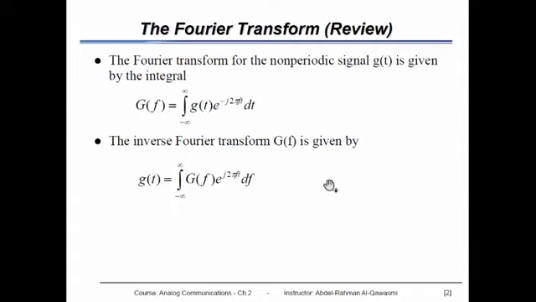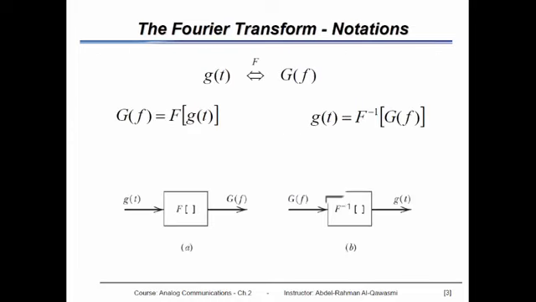As you see, this is what we call the Fourier transform pair, and we use these equations in order to transform from one domain to another domain and vice versa.